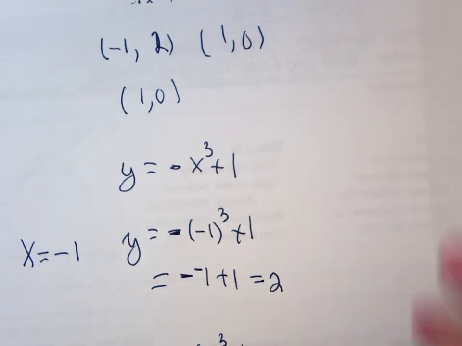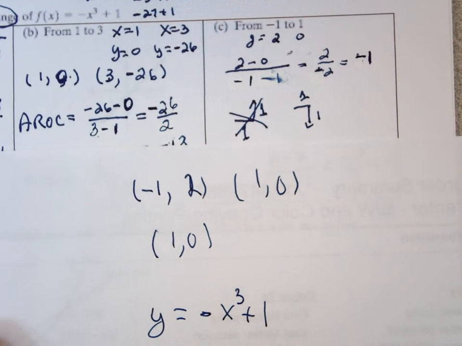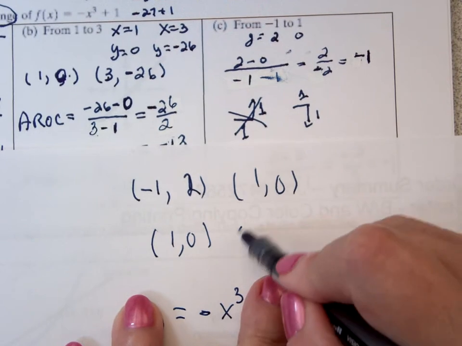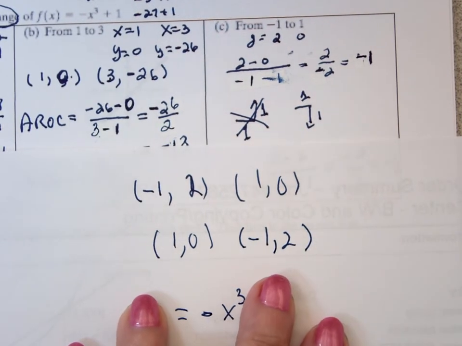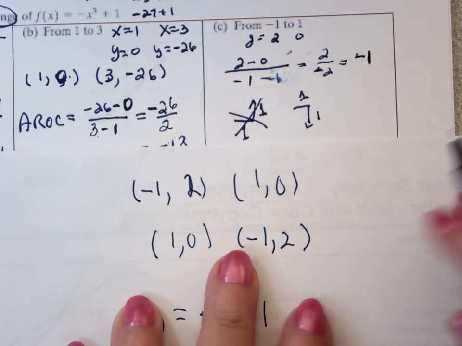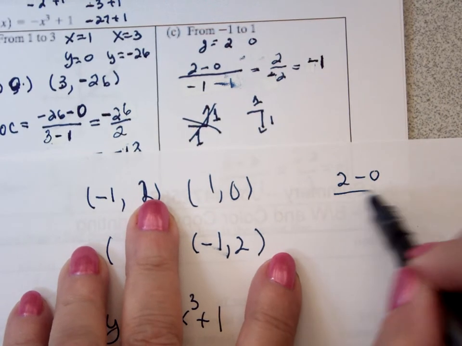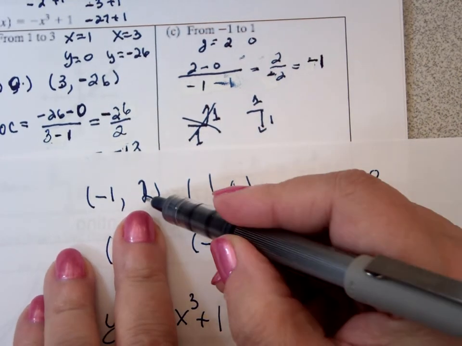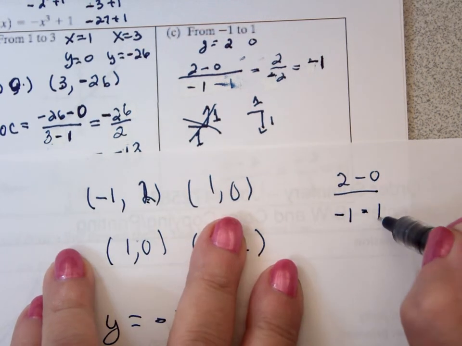Now, the point I wanted to make is this. Is this not the same set of coordinate points? So it doesn't matter whether I take 2 minus 0 over, and I started here, minus 1 minus 1.